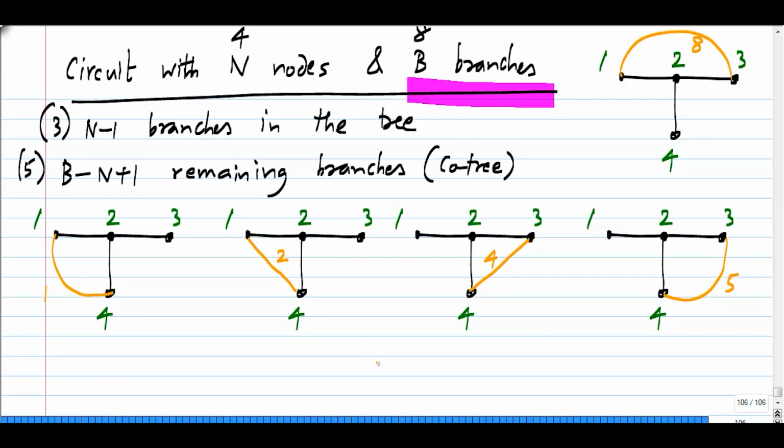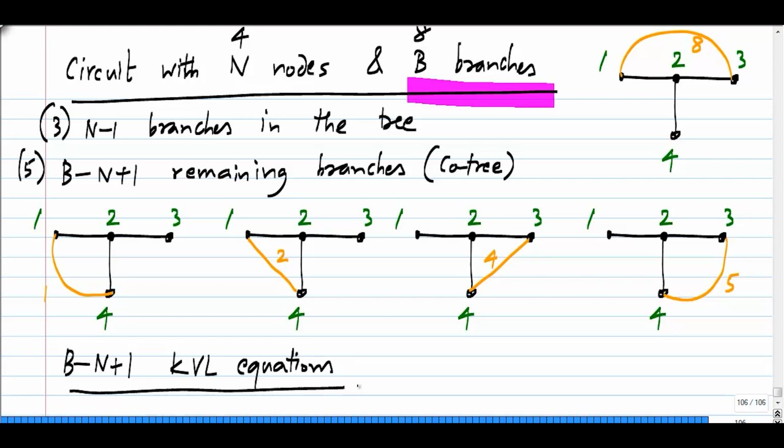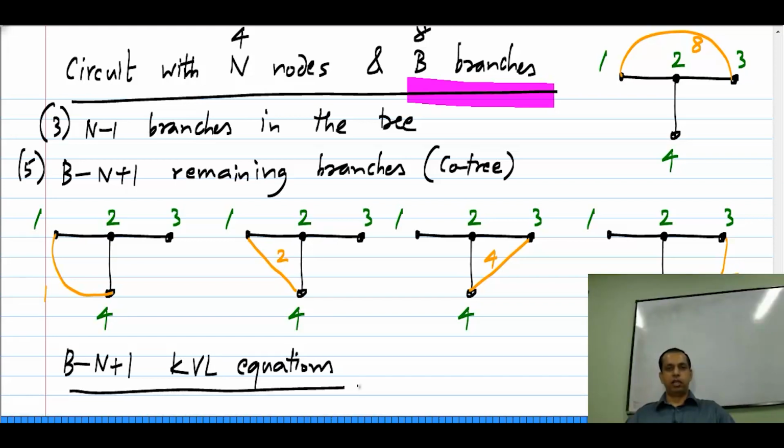Okay. So, there are 5 loops and I can have B minus n plus 1 Kirchhoff's voltage law equations. Okay. So, in an n node circuit, we have n minus 1 KCL equations, and in an n node B branch circuit, we have B minus n plus 1 KVL equations. Okay.